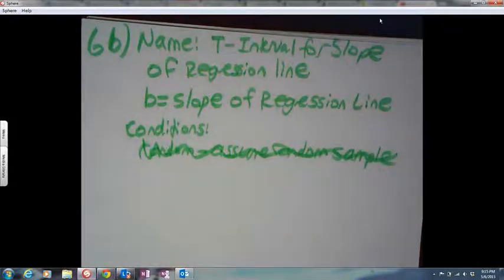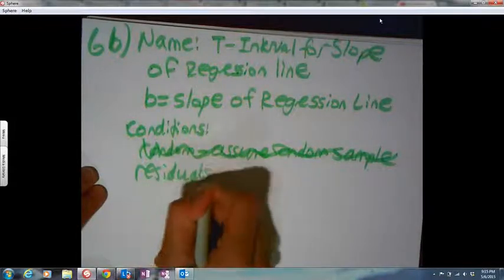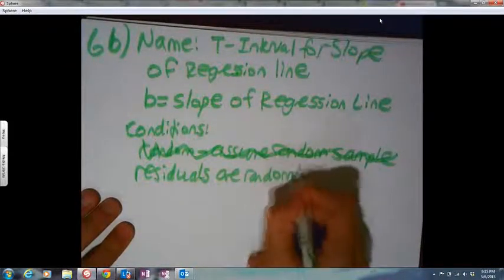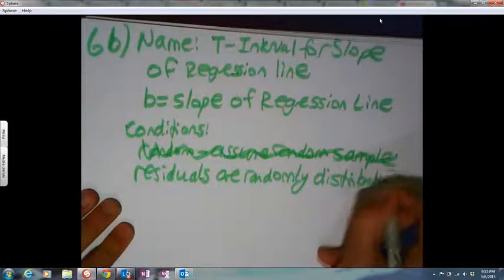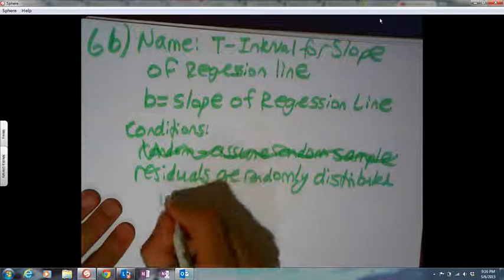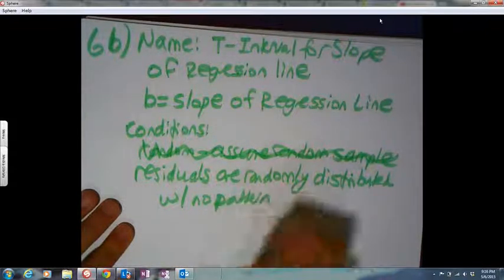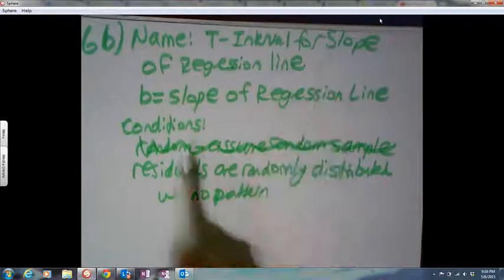What really matters is the residuals. And here's the residuals, right? There's no pattern. Some are up here, some are down here. There's no U-shape, so there's no pattern. So I'm going to say the residuals are randomly distributed with no pattern. That's really the big condition when you're talking about the regression line, the residuals being randomly distributed. We got that.